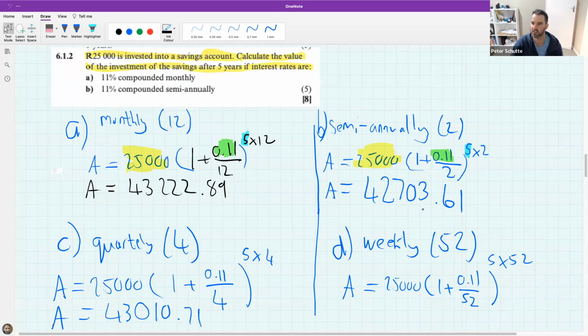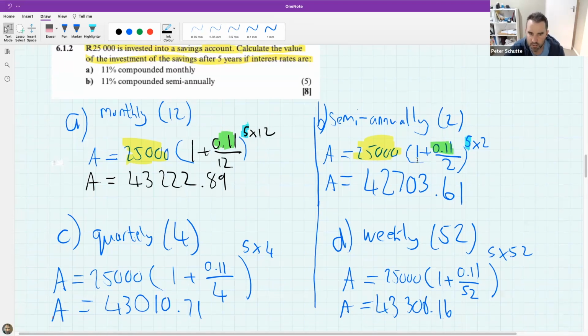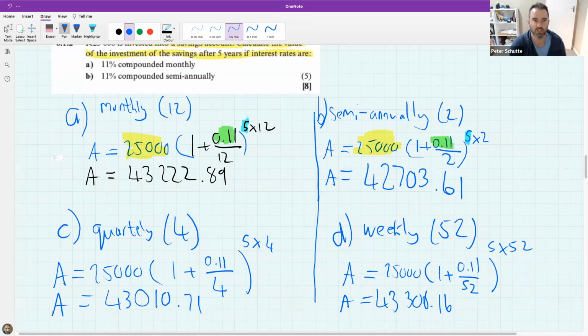And what do we get for that one? Well, we get 43306.16. Now, those who said that you thought that the weekly compounding would give you the biggest amount, you can give yourselves a hand clap.